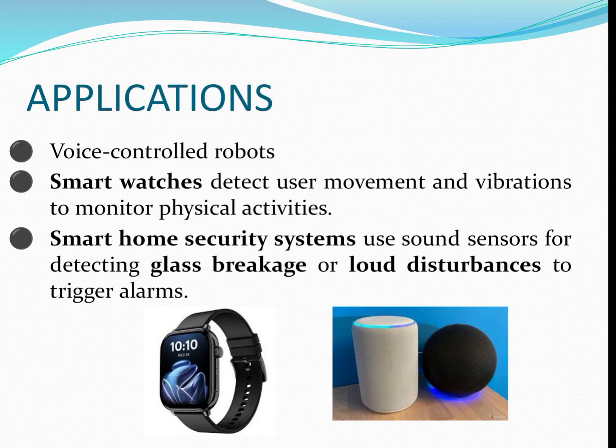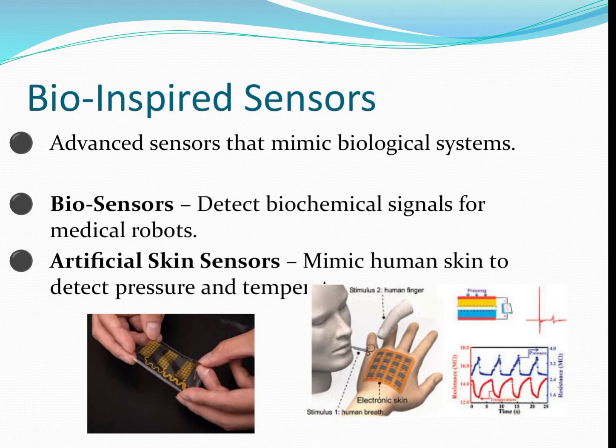A vibration sensor detects vibration in mechanical systems. Applications: voice-controlled robots; smart watches detect user movement and vibration to monitor physical activities. Smart home security systems use sound sensors to detect glass breakage and loud disturbances to trigger an alarm.